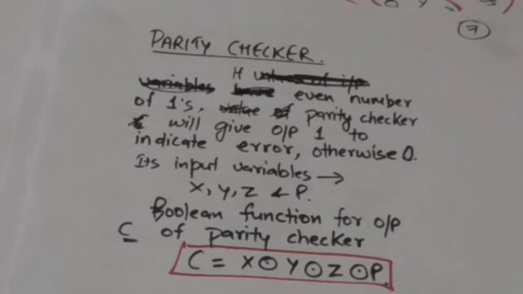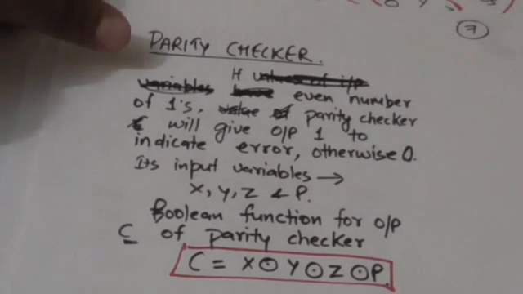Now let the output variable of the parity checker be C. Its value would be 1 if the combination of values of x, y, z and p has an even number of ones.